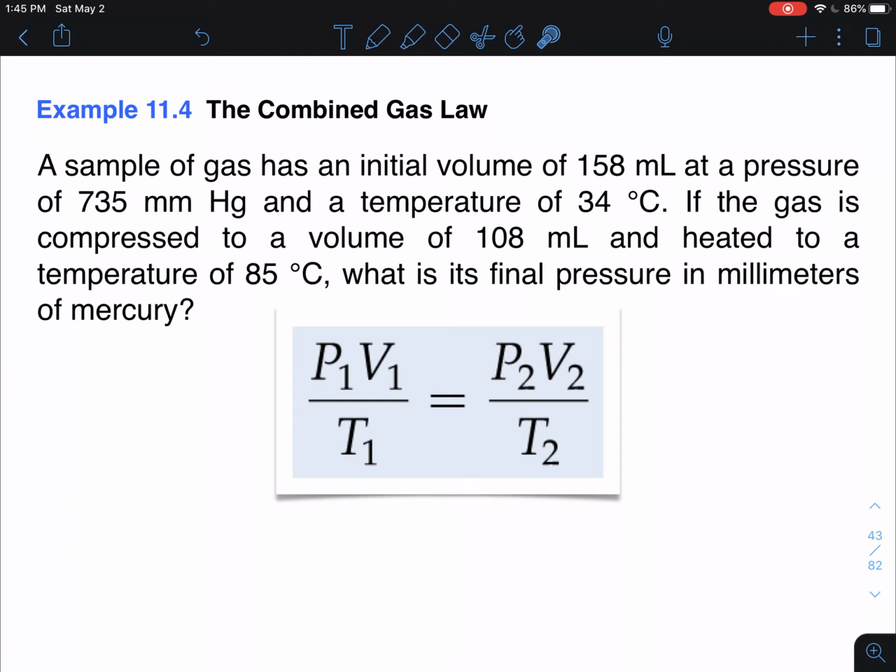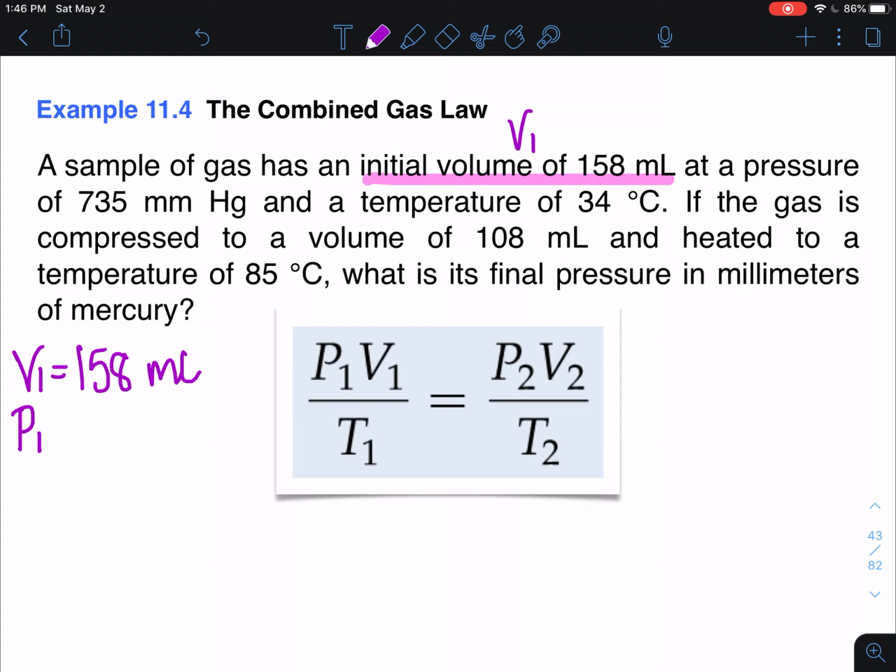An example: a sample of gas has an initial volume of 158 milliliters. If it's initial volume, that's going to be my V1, so V1 equals 158 mL, and a pressure of 735 millimeters of mercury.